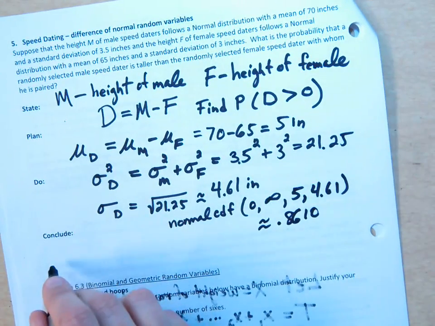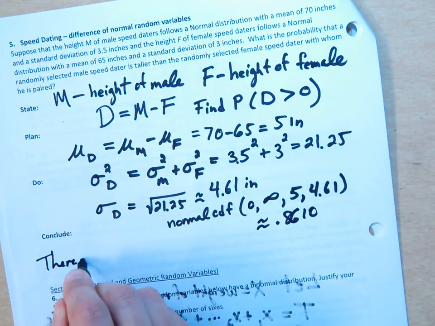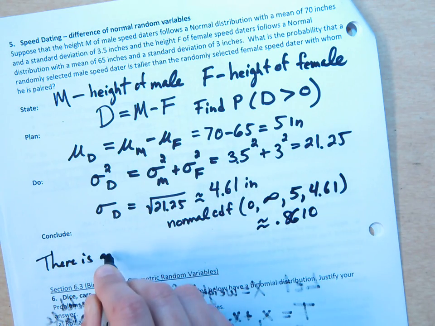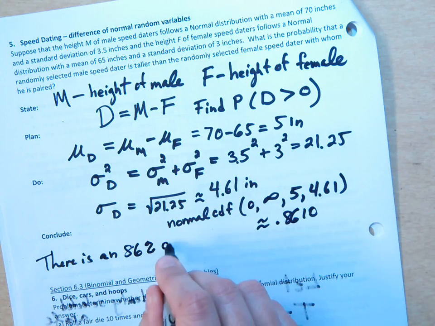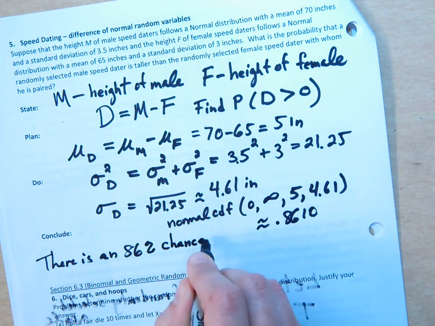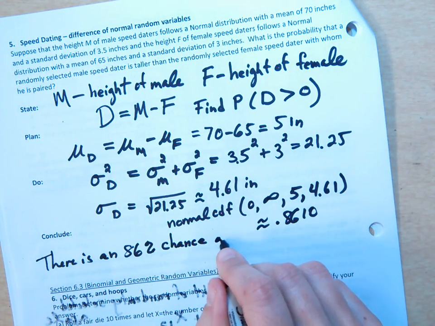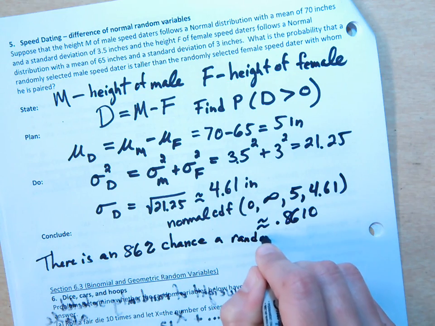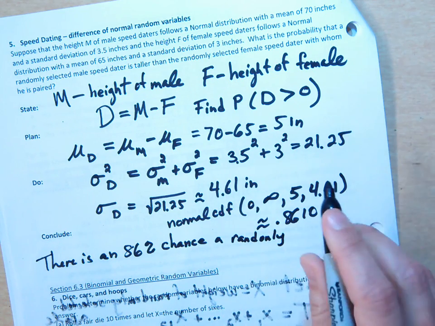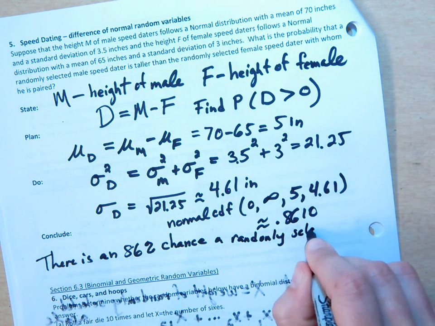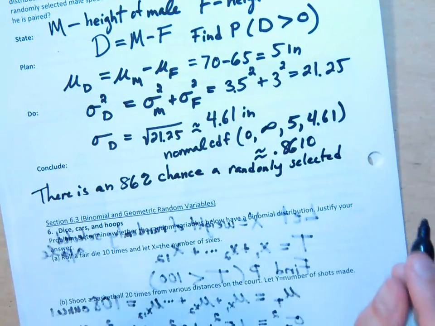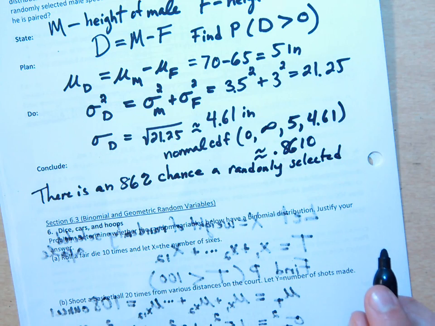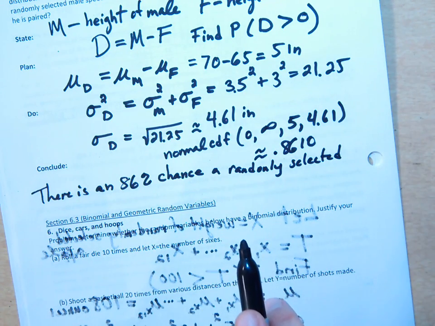And so you would say there is an 86% chance. We want to put it back into context. I don't care so much about you rewriting the question, because you're not going to do that on the AP test. The question is right there, but your conclusion is really important.